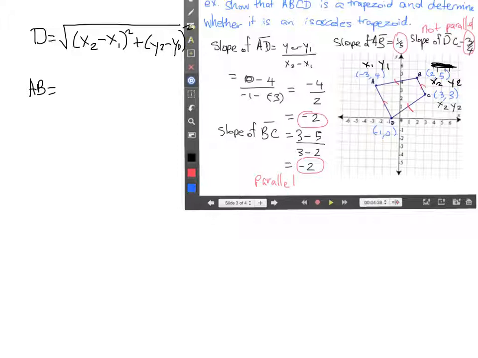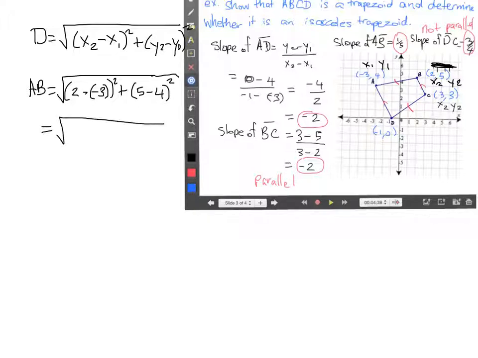Length of AB is equal to X2, which we know is 2, minus x1, which is negative 3, squared, plus y2, which is 5, minus y1, which is 4, squared. So simplifying further, we get the square root of 5 squared plus 1 squared, and overall we get the square root of 26. All right, so that's the length of AB.